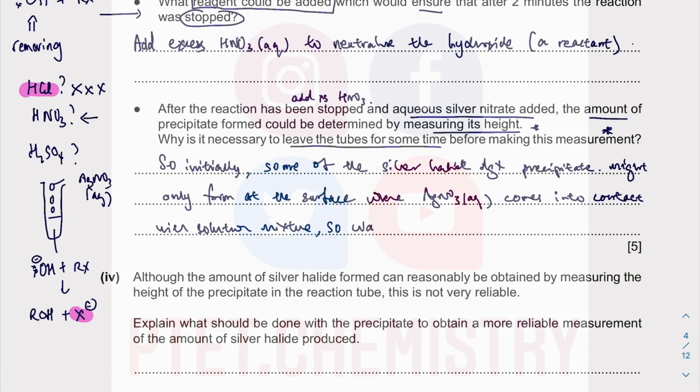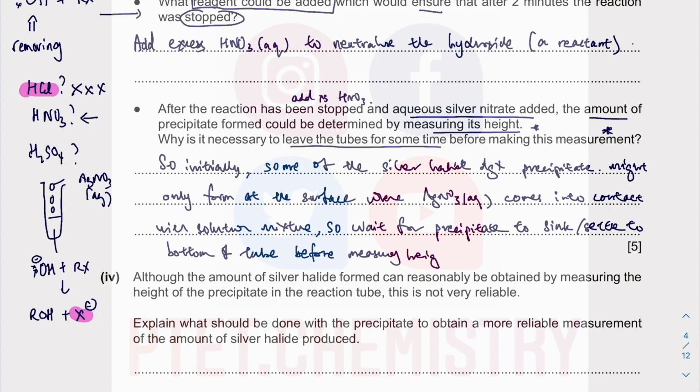So wait for the precipitate to settle to the bottom of the tube before measuring the height more accurately.